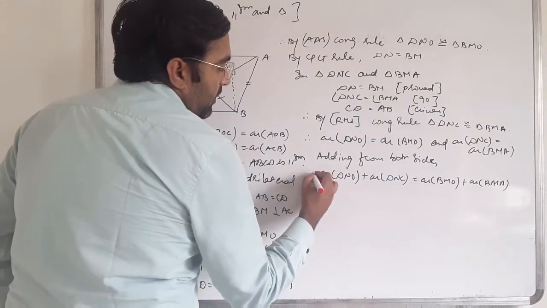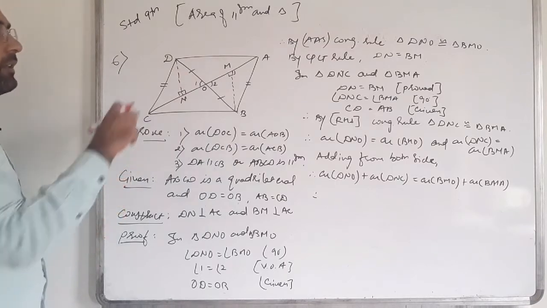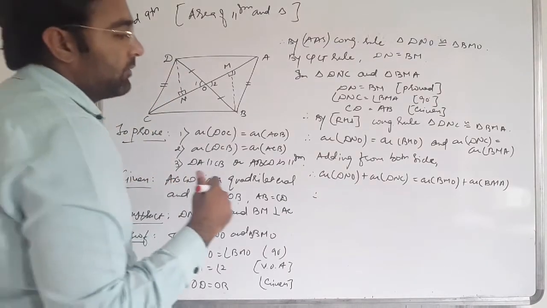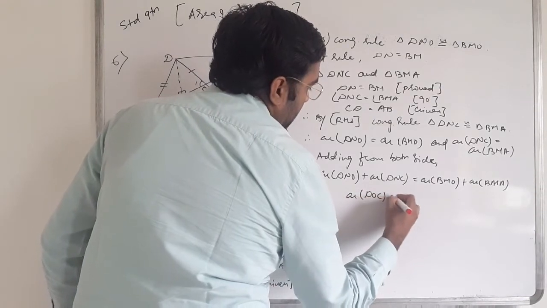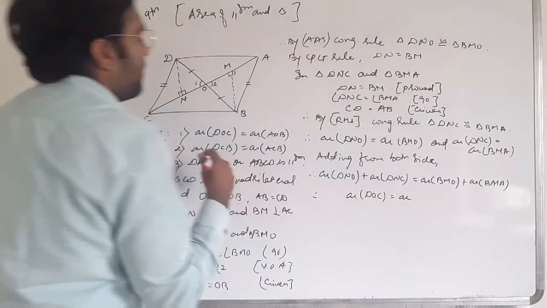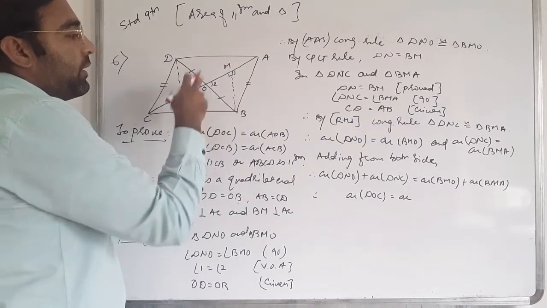So DNO plus DNC, that is the area of DOC, is equal to BMO plus BMA, that is the area of BOA.